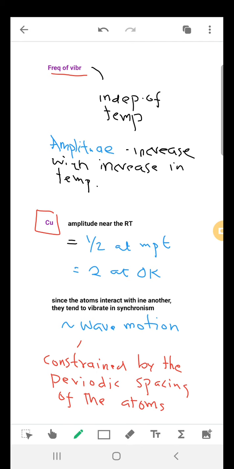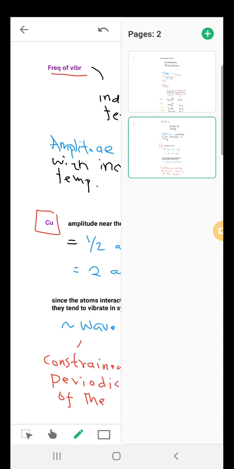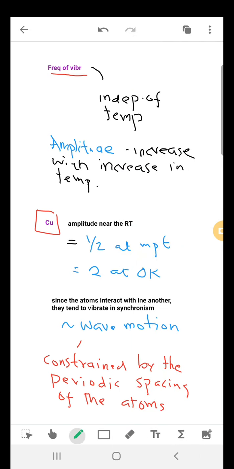And so this actually leads to quantization.